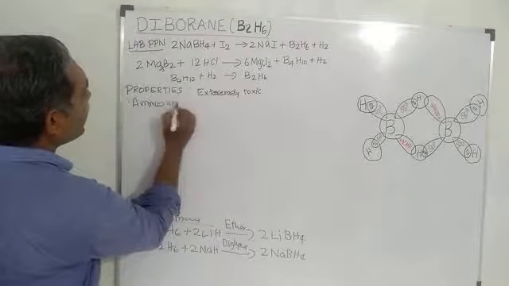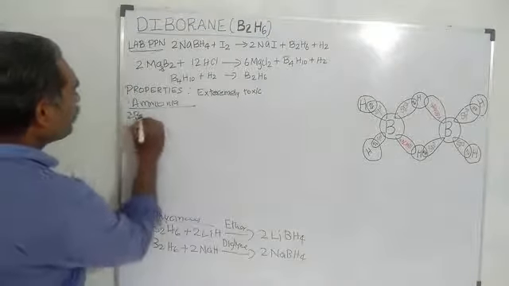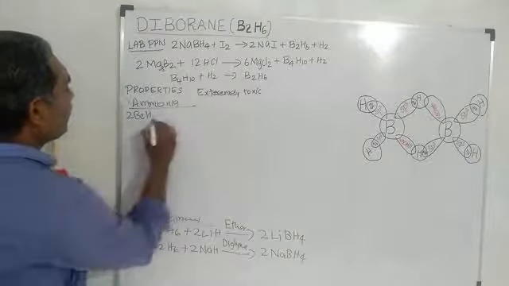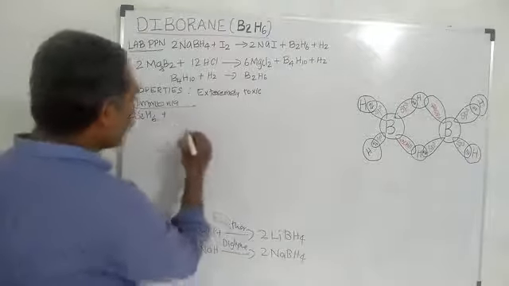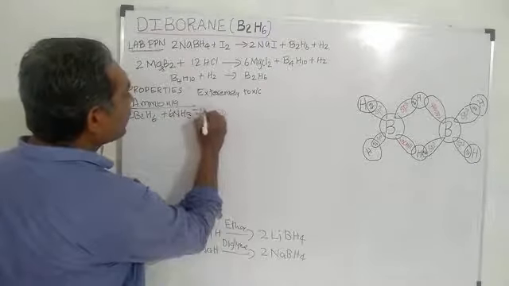Next we will study about reaction with ammonia. With ammonia there are two reactions. First reaction, B2H6 reacts with 2 ammonia at -153 Kelvin.